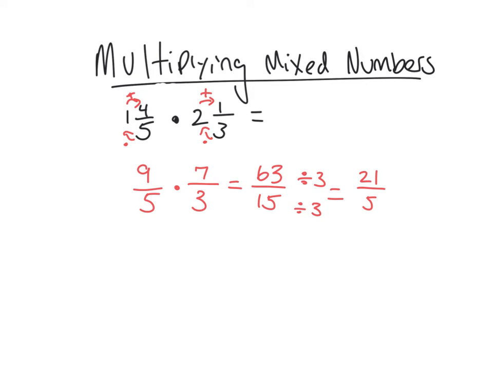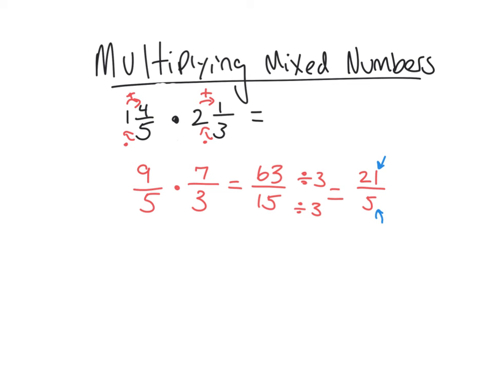Now, if we notice, this numerator is greater than this denominator, which means we can convert this fraction into a mixed number. So we already should have seen how to do that earlier in the week. One way to do that is to ask ourselves, how many times does 5 go into 21?